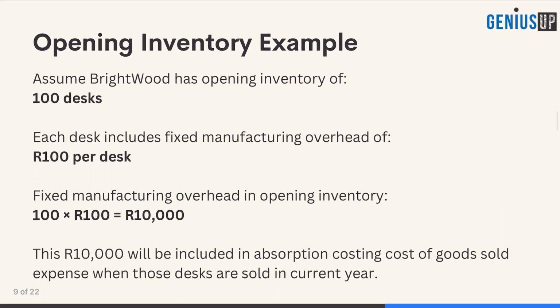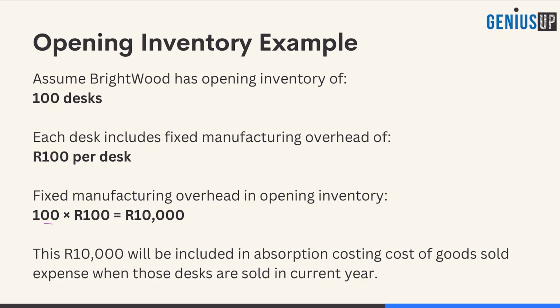So here's an example just to consolidate your understanding of this. Let's assume that Brightwood has opening inventory of 100 desks, and each desk includes fixed manufacturing overheads of 100 Rand per desk. This was our absorption rate for last year that we used to allocate fixed manufacturing overheads to product. So the total fixed manufacturing overheads sitting in inventory are 100 desks times 100 Rand per desk, which is 10,000 Rand.